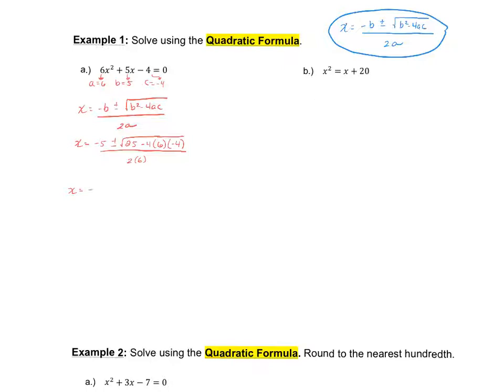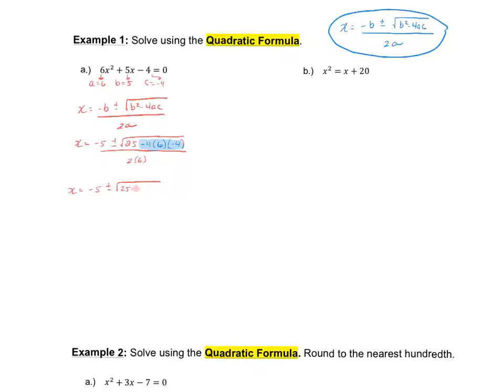Okay, I need to simplify, so I have negative 5 plus or minus the square root of 25, and then notice that this is a negative 4, right? So in total, I have 2 negatives in this multiplication problem. So therefore, it's going to become a positive.